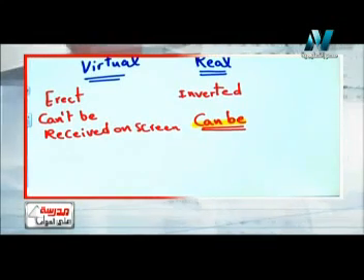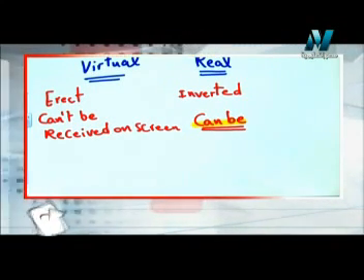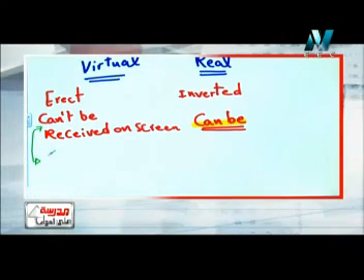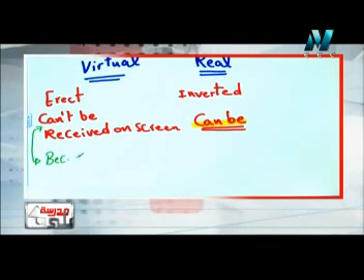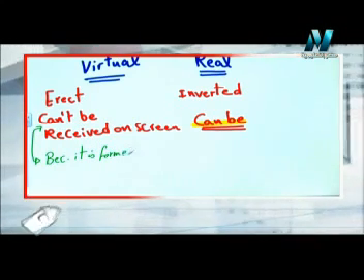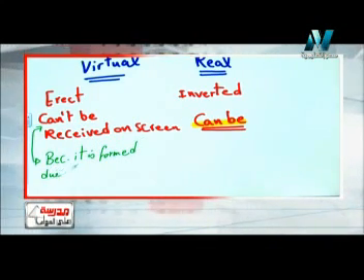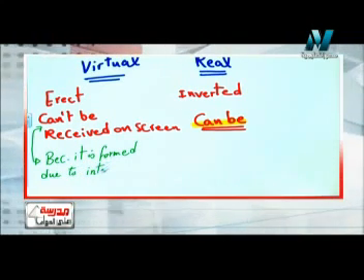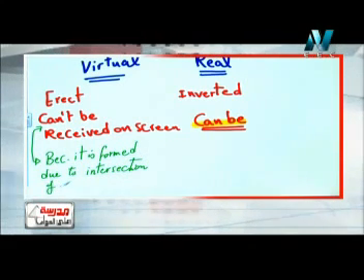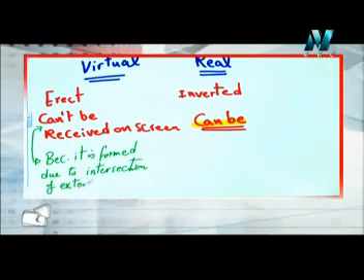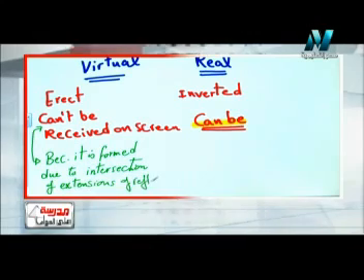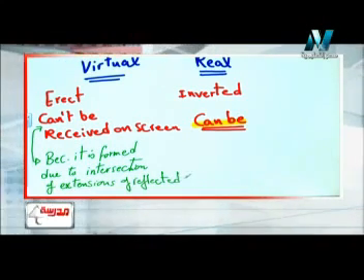If we come to explain why, I say because a virtual image can't be received on the screen, as an answer of give reason, because it is formed due to intersection of extensions of reflected rays.